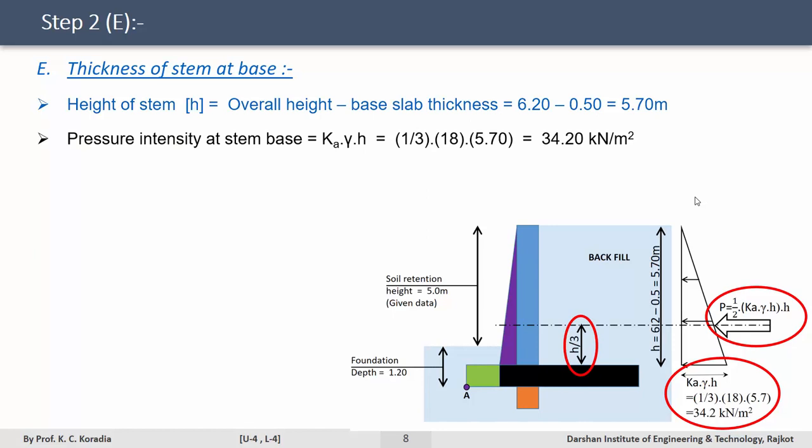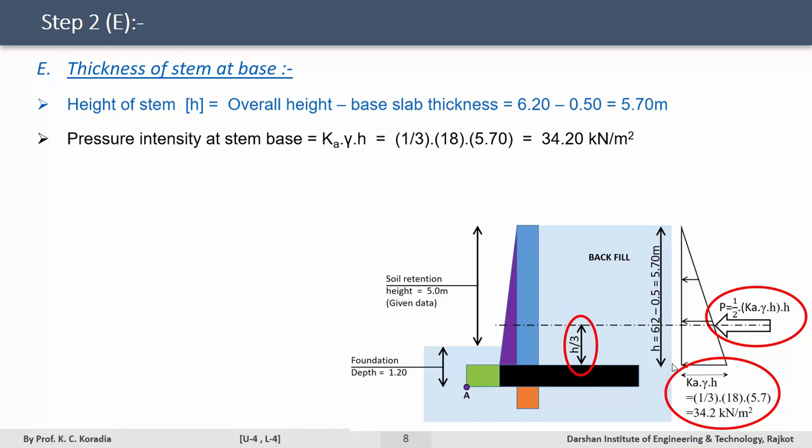Pressure intensity at stem base, that is at this point, will be equal to Ka gamma H, where Ka is the active soil coefficient, that is 1 by 3, into gamma, which is 18, and height is 5.70 meters. The equation gives the value 34.20 kilonewton per meter square.